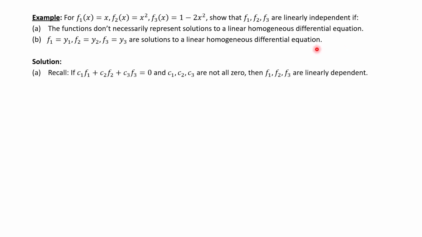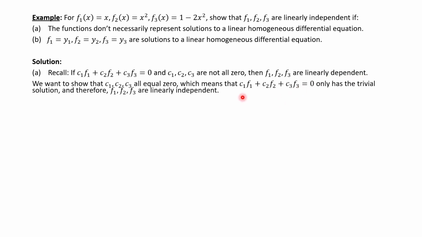That's that whole thing where I was mentioning a linear combination. So let me remind you, because here it is. If you can write this equation, c1 times f1 plus c2 times f2 and so on equals 0, and as long as all the coefficients are not 0, then the functions are linearly dependent. This is by our definition of linear dependence that we've learned previously. And so what we want to do, by using this fact and trying to show that they're actually independent, is show that these coefficients, c1, c2, and c3, are all 0.